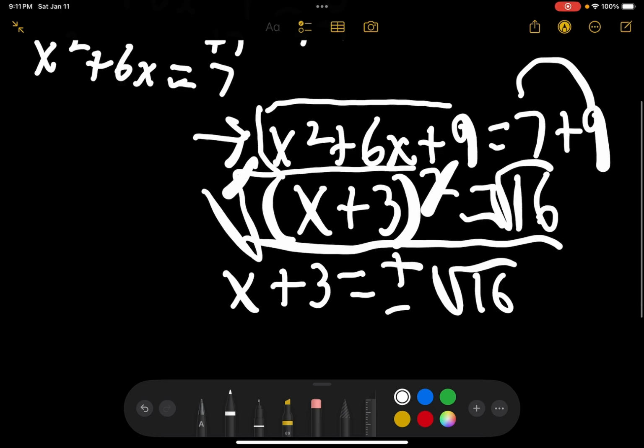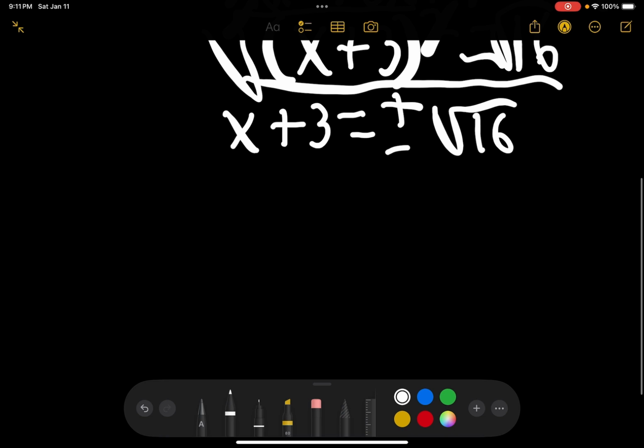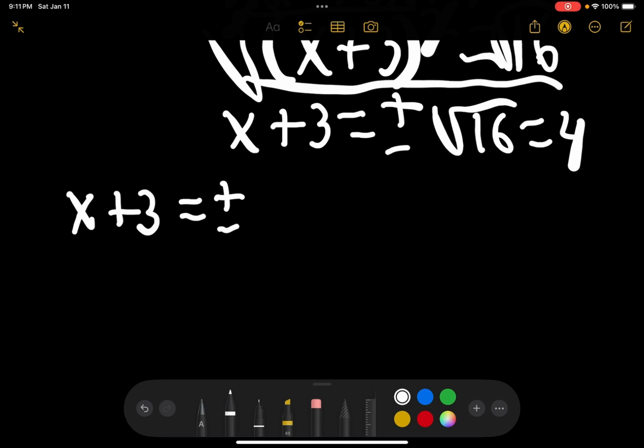The square root of 16 is 4. So right now we are at x plus 3 equals plus or minus 4. And now we got two scenarios.